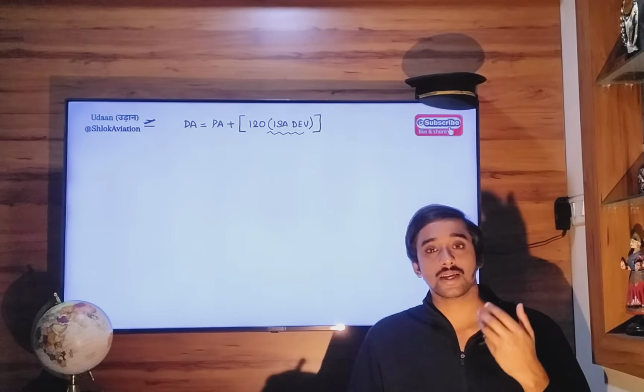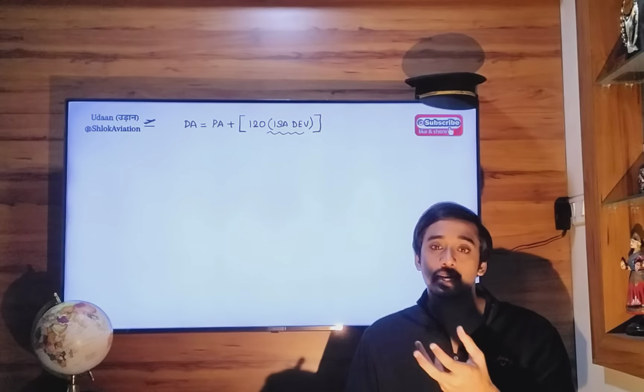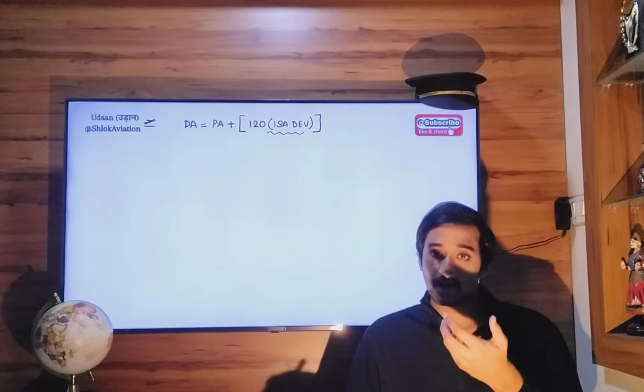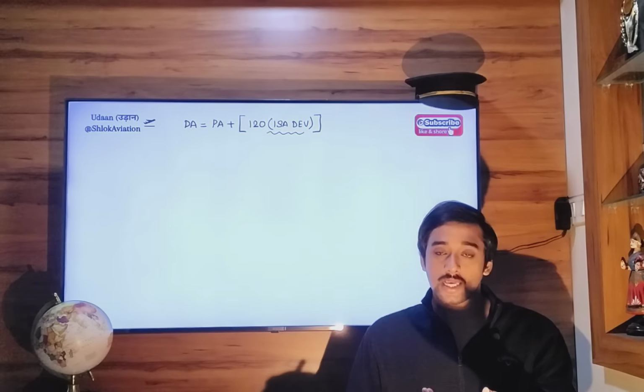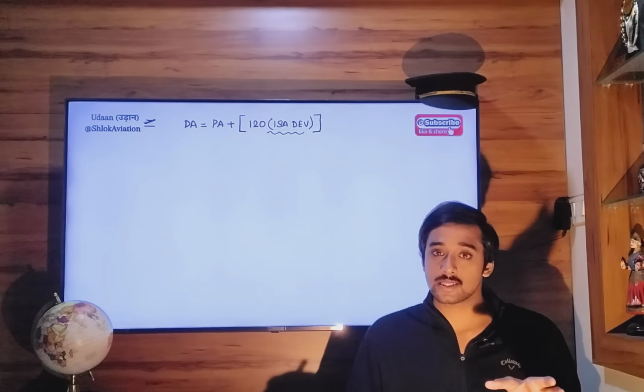So that means the density of air is much more than what ISA conditions demand. More density means better aircraft performance, better performance calculations, shorter takeoff distances, shorter landing distances.